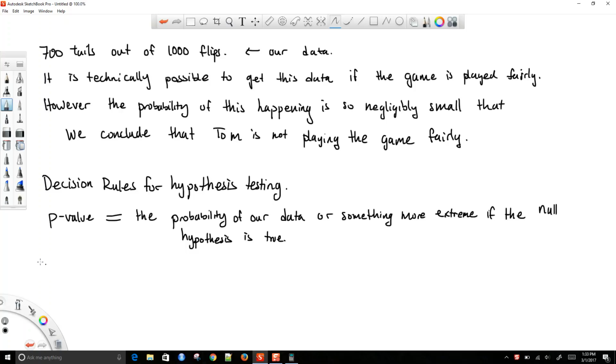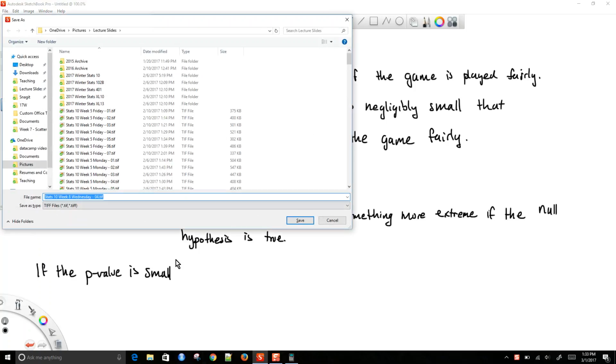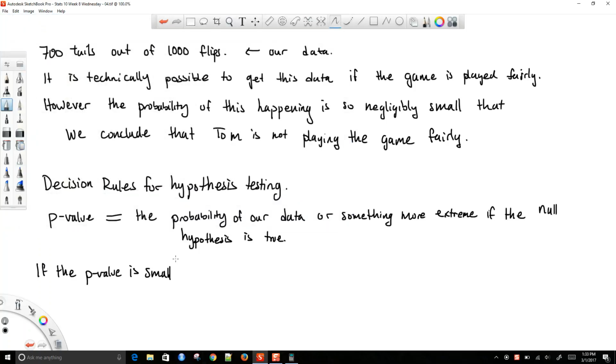And then, if the p-value is small, like in our case here, where the probability of getting our data was really small, we conclude that our initial belief must be wrong.